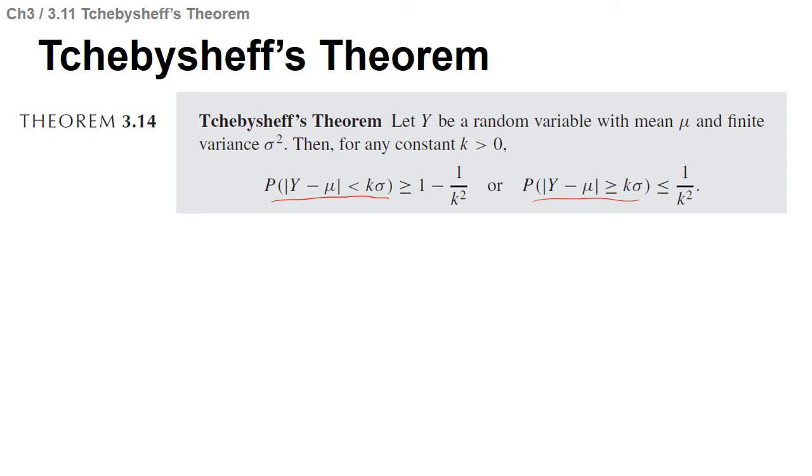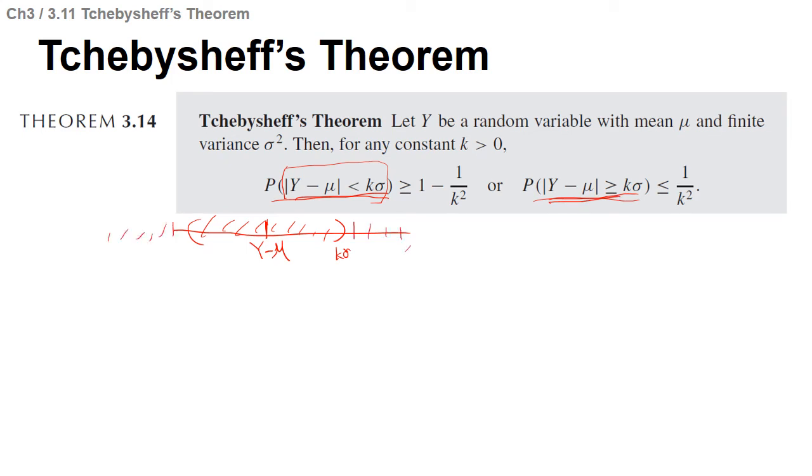And actually, the domain here: let's say on this interval, this point is y minus mu, and this is the k sigma bound. The set here is defined on the inside, and the set here is defined on the outside.